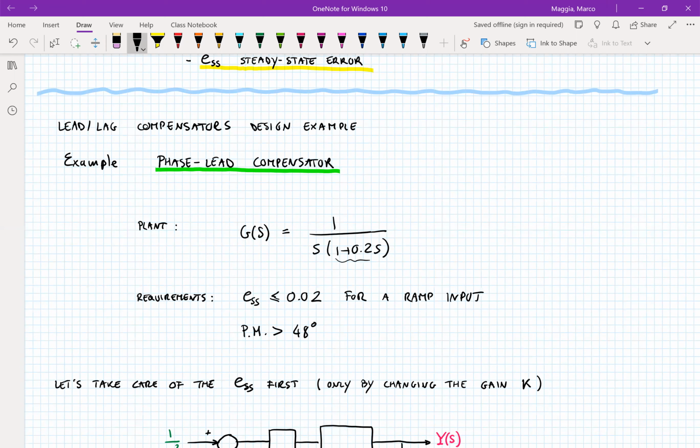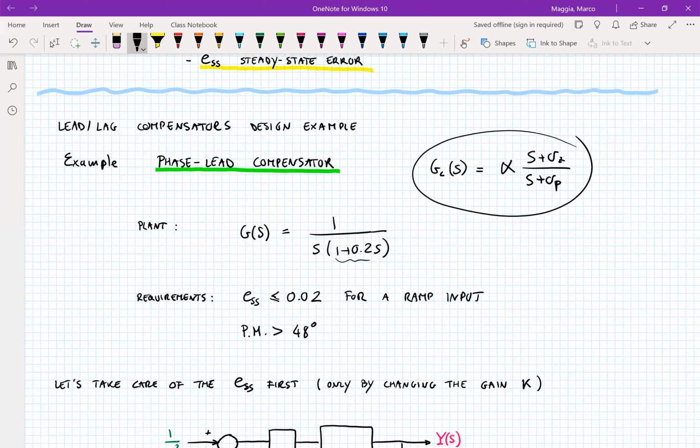Now, as I said earlier, the lead or lag compensators in the form that we chose, that is Gc(s) equals alpha times (s plus sigma_z) over (s plus sigma_p), written in this way, do not alter the steady state error or steady state response.